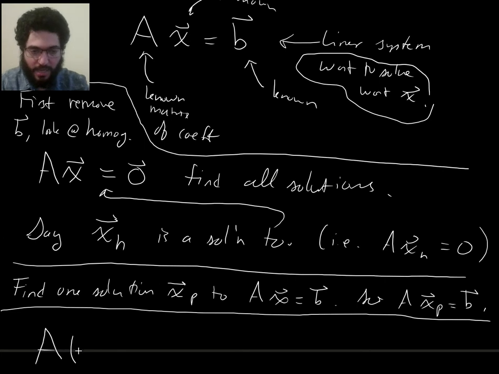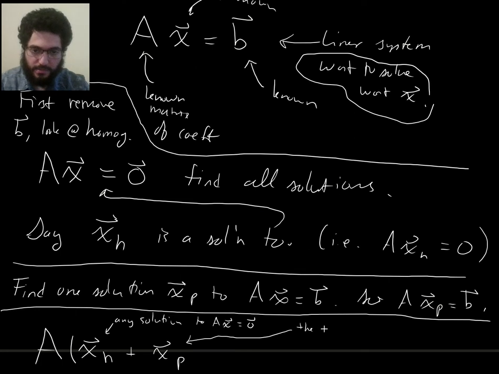Then if you apply A to any solution here, x sub h, to Ax equals 0, plus the one particular solution you found, then you can use linearity.